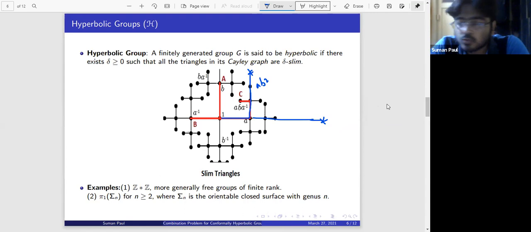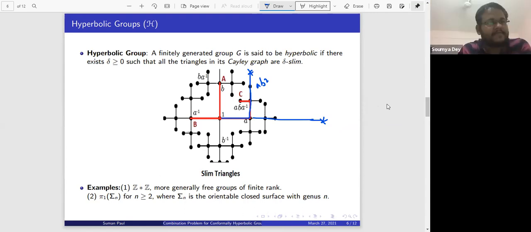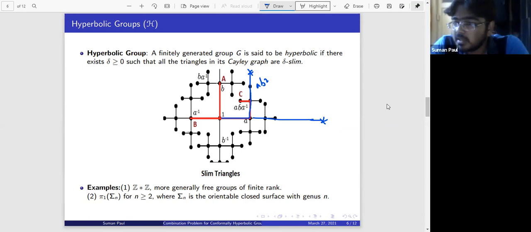For sets A and B, the Hausdorff distance between A and B is the minimum delta such that A is contained in the delta neighborhood of B and B is contained in the delta neighborhood of A.